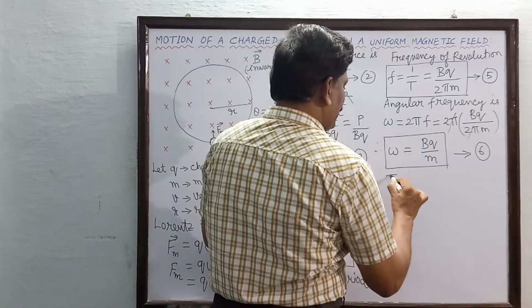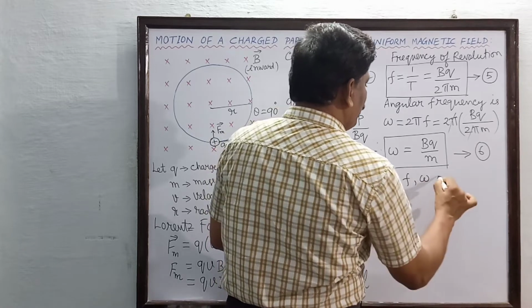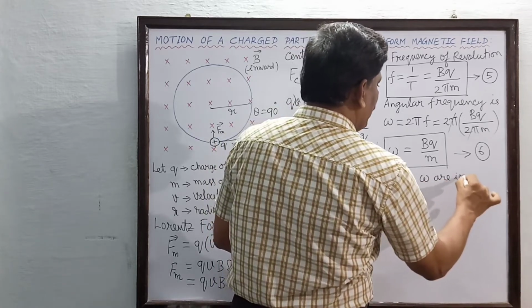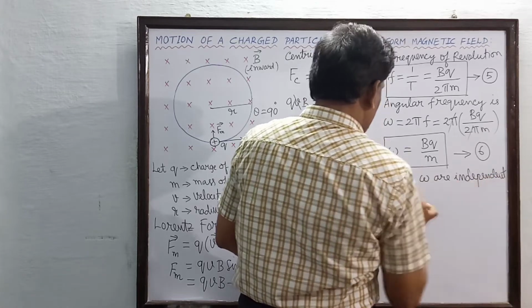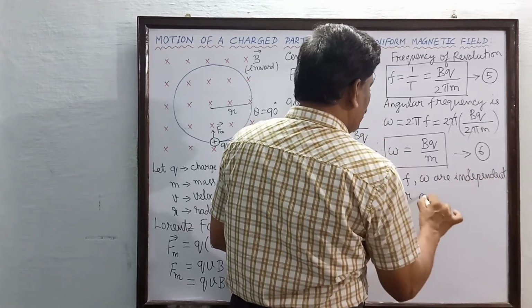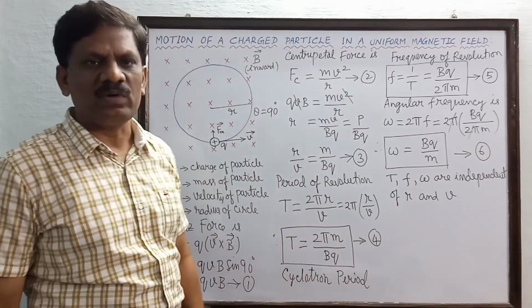So capital T, frequency f and angular frequency are all independent of r and v. This is one very important point to be noted.